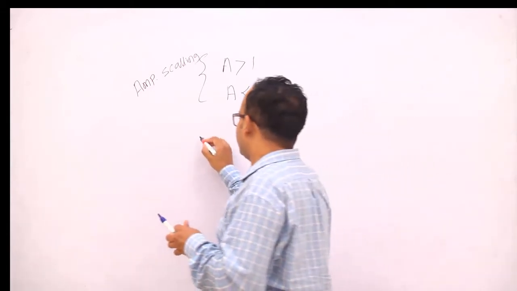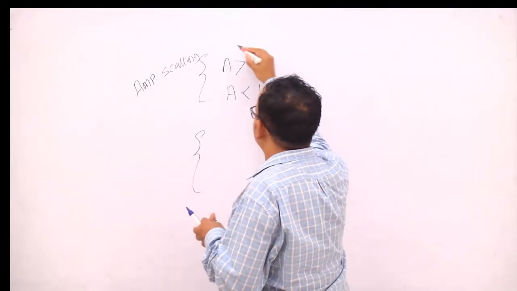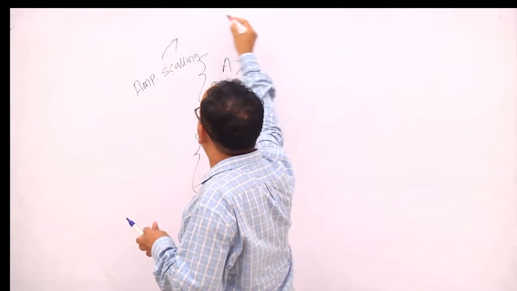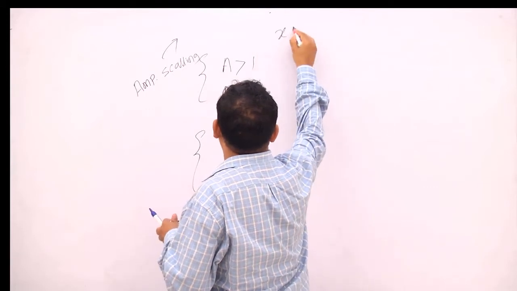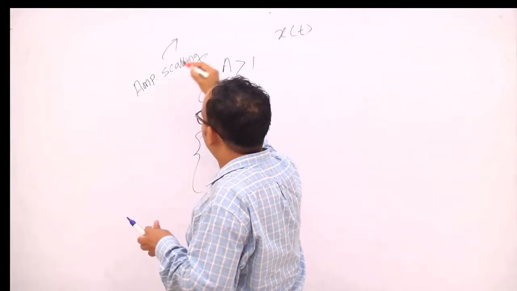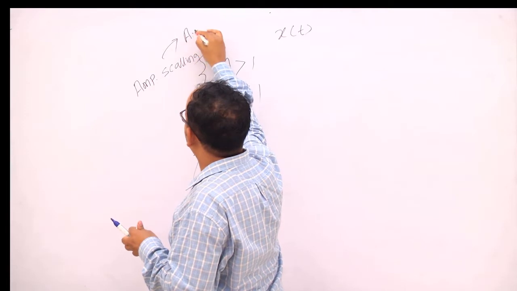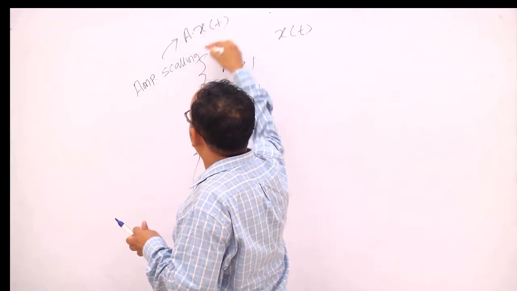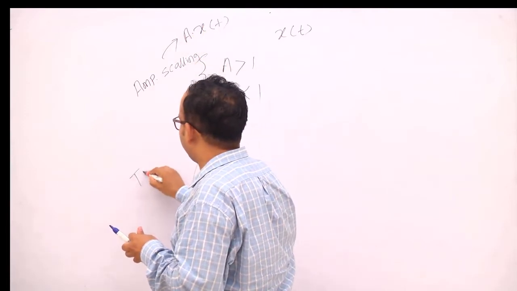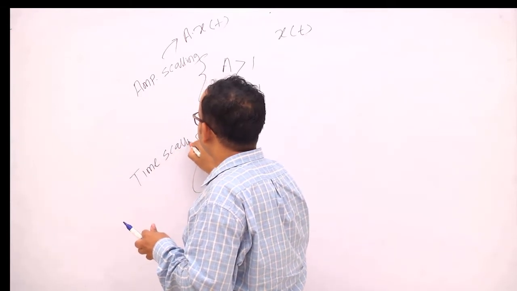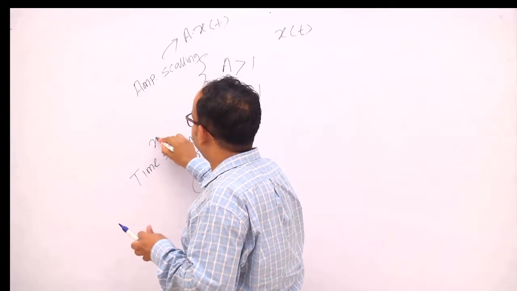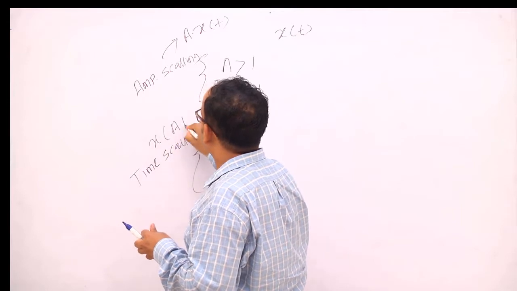In time scaling also, for any signal x of t, let me write the signal x of t. Amplitude scaling will be A into x of t, and for time scaling what we have derived is x of at.